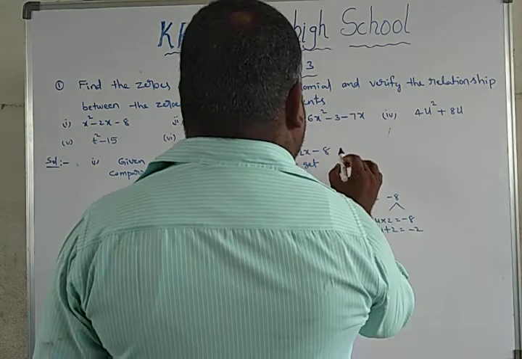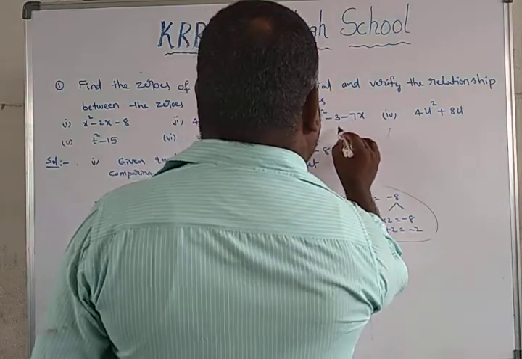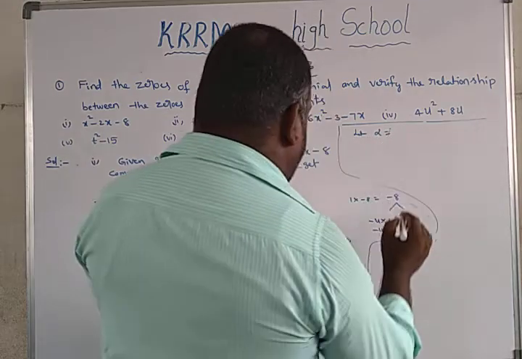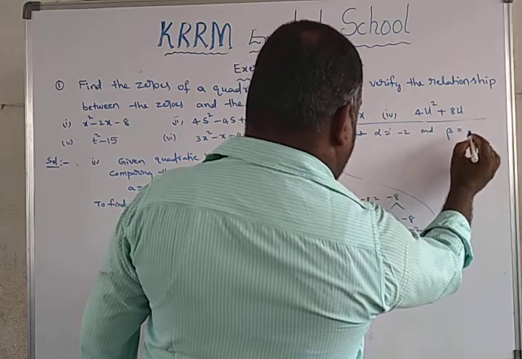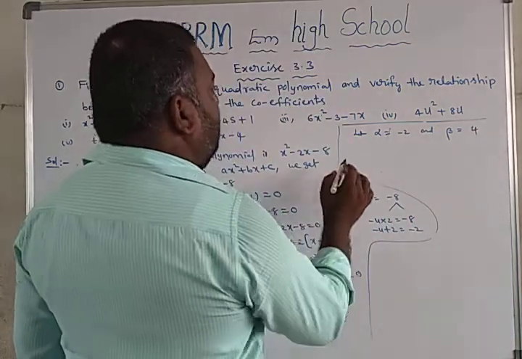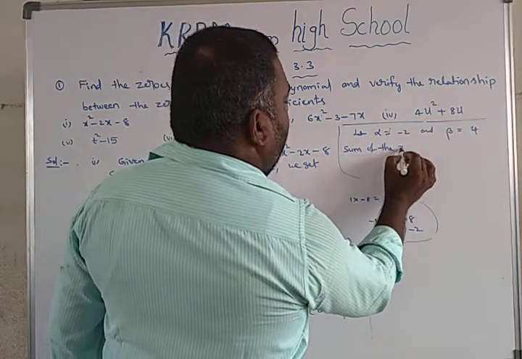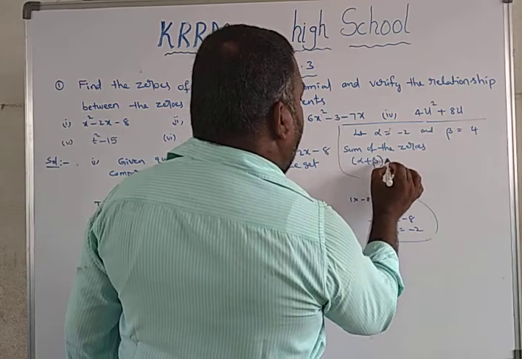So let alpha be minus 2 and beta be 4. First, the relationship for the sum of the zeros: alpha plus beta.